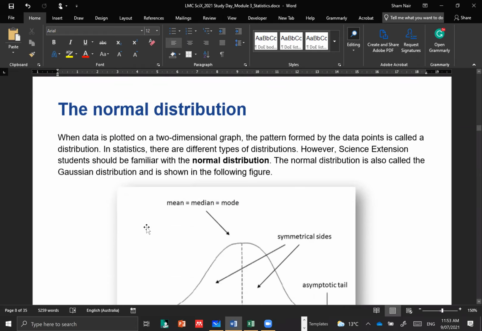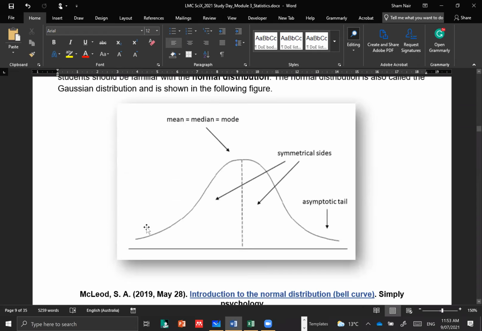The next thing, so we looked at the central tendency. The next thing about descriptive statistics is something called the normal distribution. The normal distribution is kind of a funny term. Back in, I think it was in the 18th century, when mathematicians were calculating and measuring all sorts of natural phenomena, they noticed this distribution pattern.